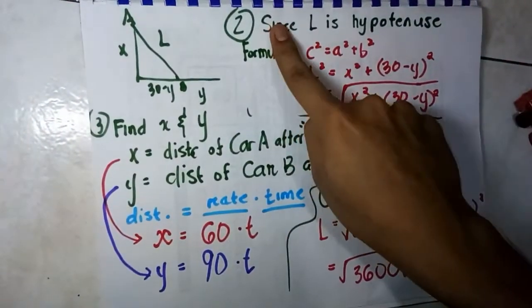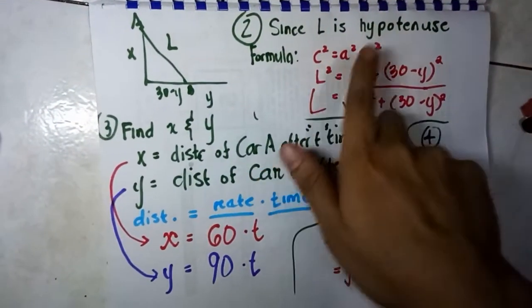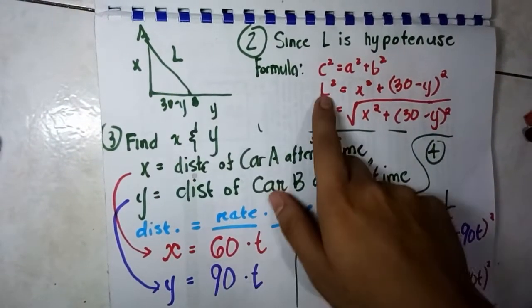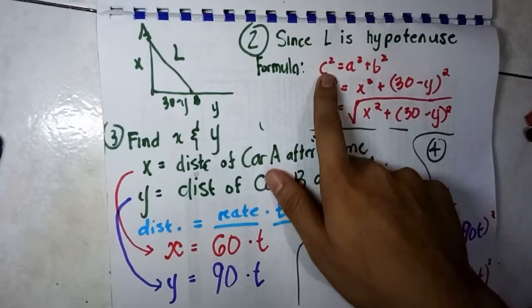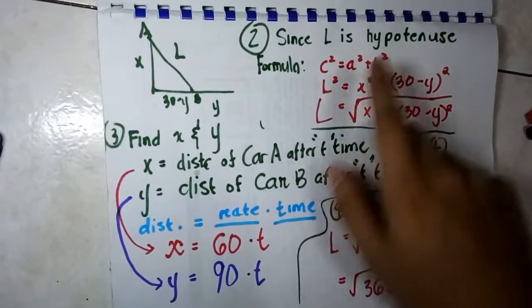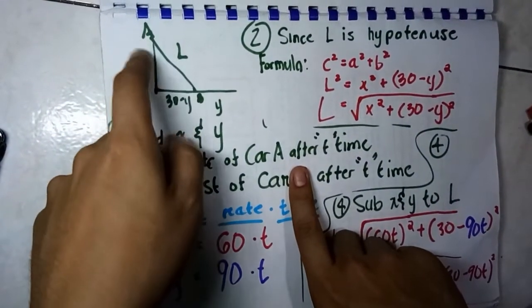Since L is the hypotenuse, we're going to use the formula c squared is equal to a squared plus b squared, and then substitute L to c, x to a, and 30 minus y to b. But why 30 minus y? Well, it's part of the triangle, of course.